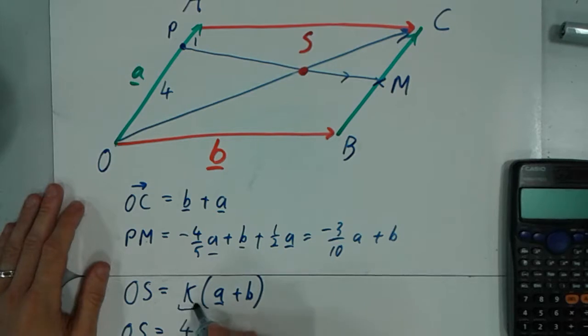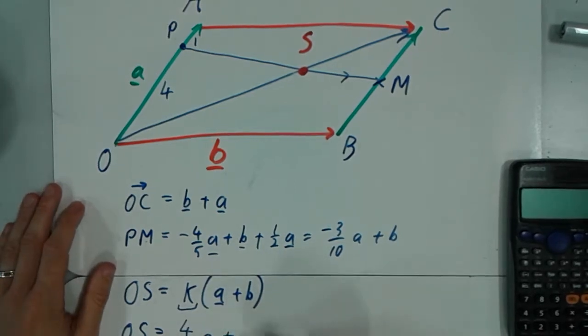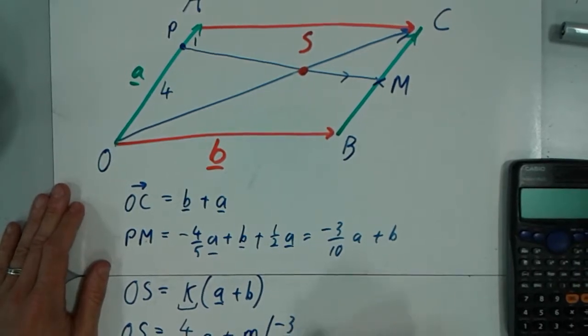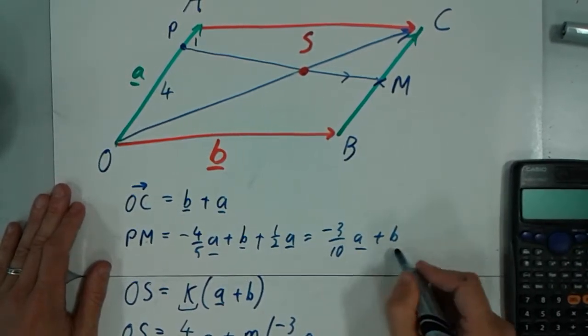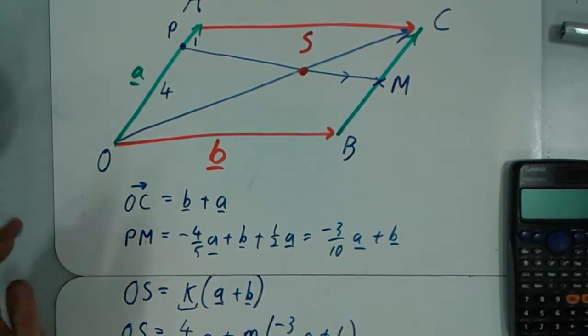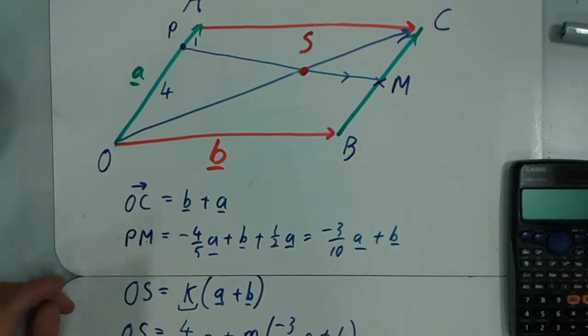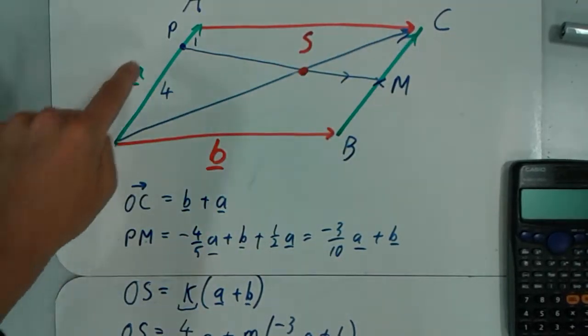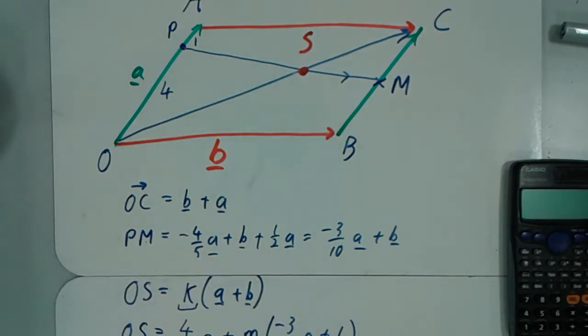It may be a different proportion to k, so I need to use a different letter. Let's use m. Okay, so we've looked for two different ways to arrive at S, travelling along those two vectors which travel across and meet at S.